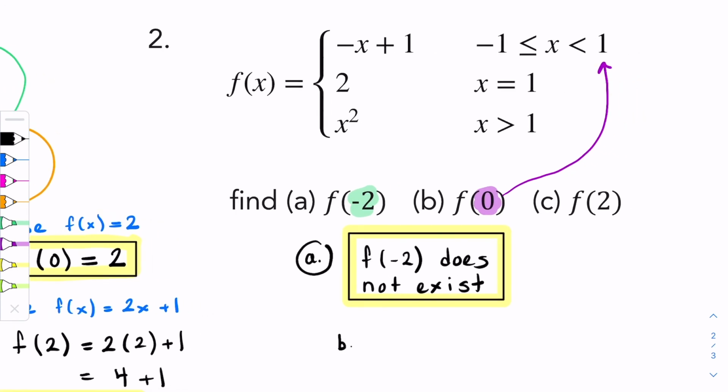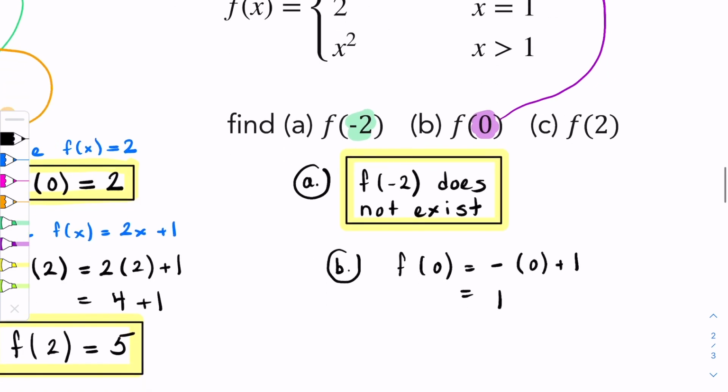So for part B, f of 0, you're going to use the first function, meaning we're going to have -0 plus 1. That simplifies to just 1. So f of 0 is equal to 1.